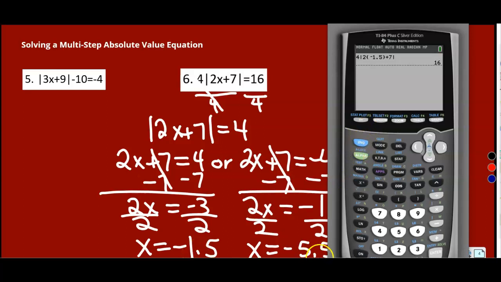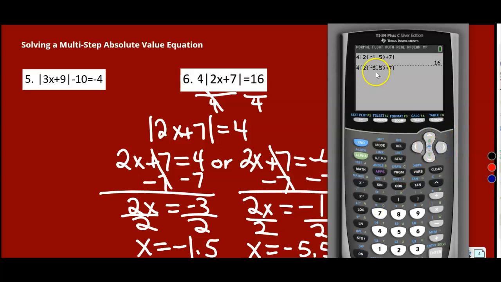Let's do the same thing for the second one, negative 5.5. We're going to do 4, and then math, over to number, ABS. We're going to do 2 times negative 5.5, and then plus 7. Don't forget the rest of the equation here, plus 7.